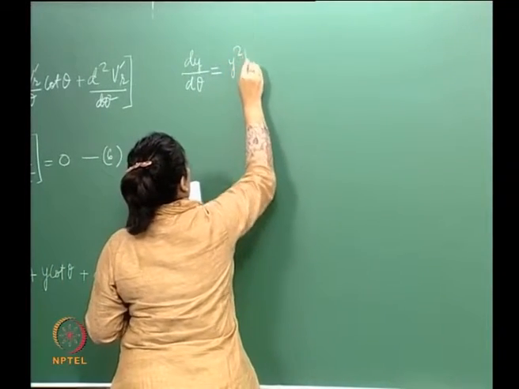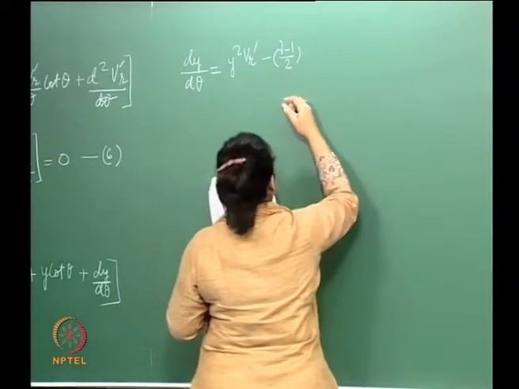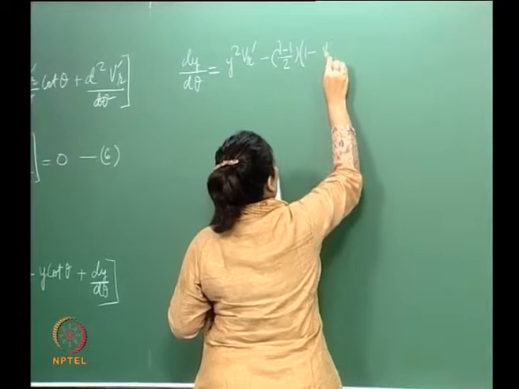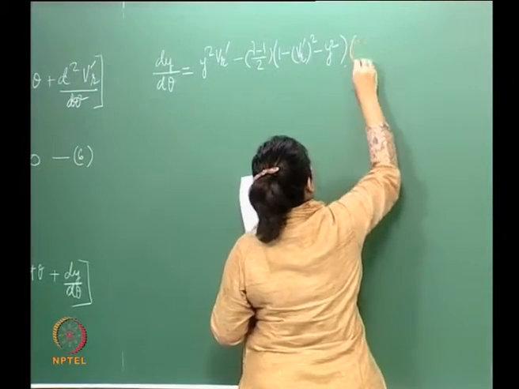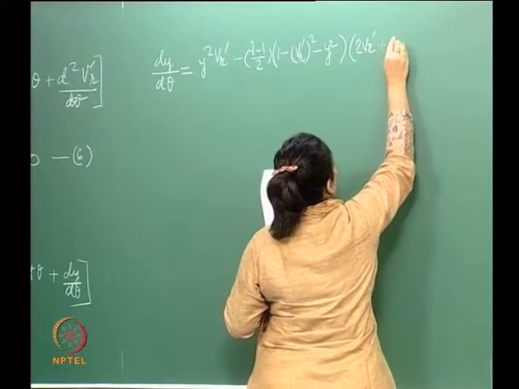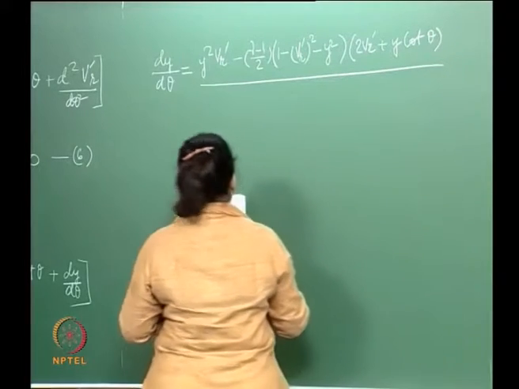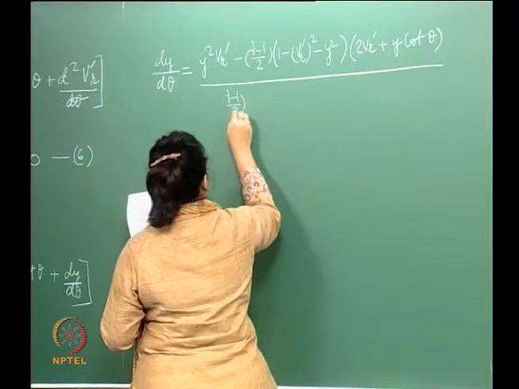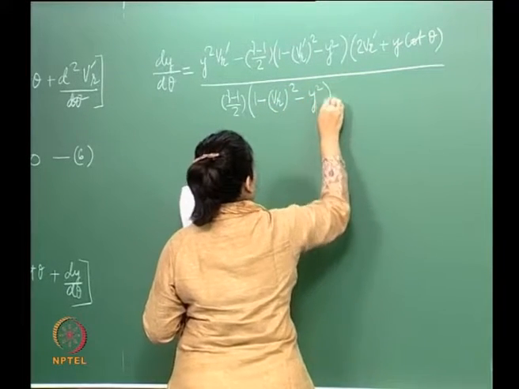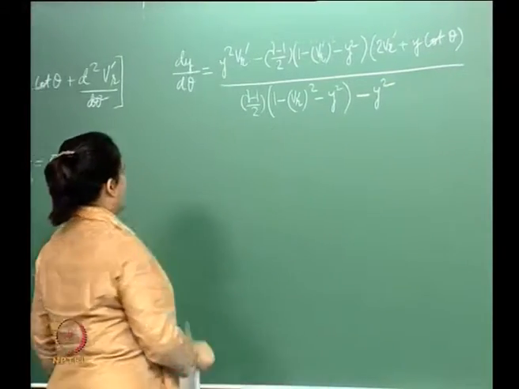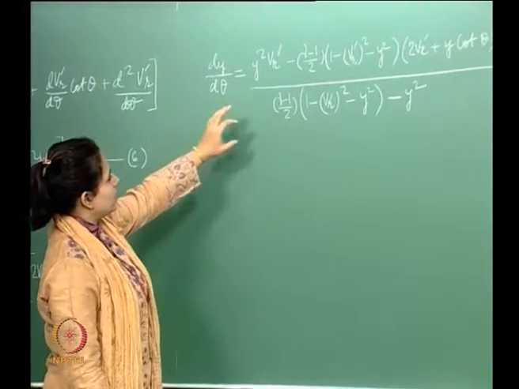Okay, just rearranging the variables. So I am just writing this out as dy/dtheta in this form.